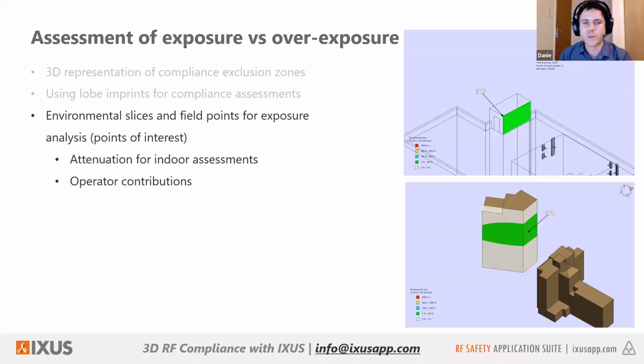They want to know, what is my exact exposure? I'm not happy just with the answer that yes, you are fine. We want to know what is my exact exposure. And in that case, we can use a vertical environmental slice, again using the spatial averaging scheme, and then determine where the maximum exposure is anywhere on this neighboring building. And then we can see that this is 26% and it's not overexposed.